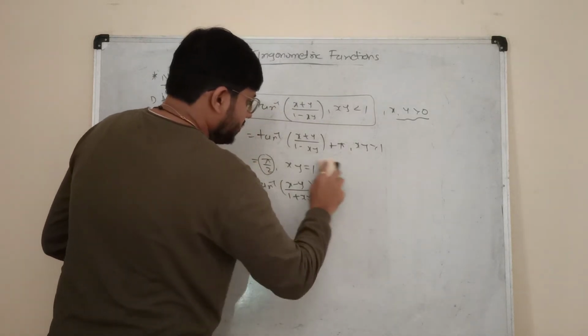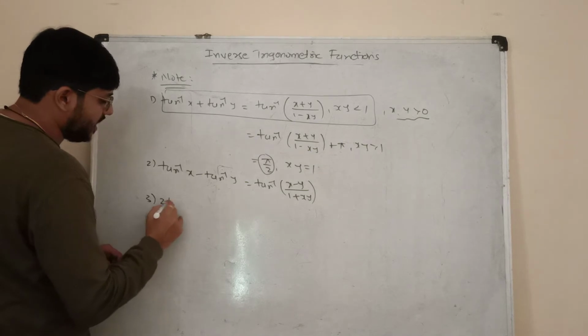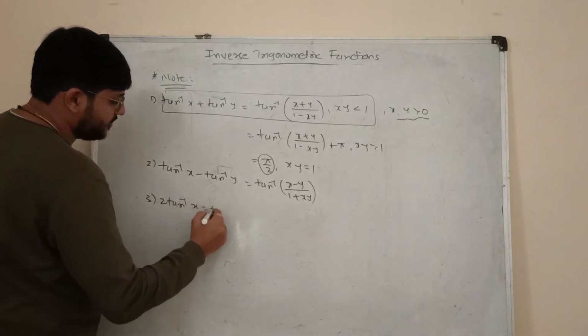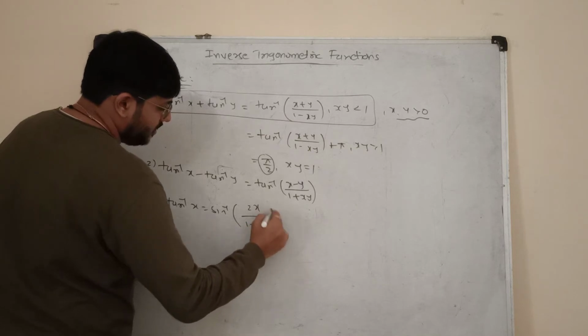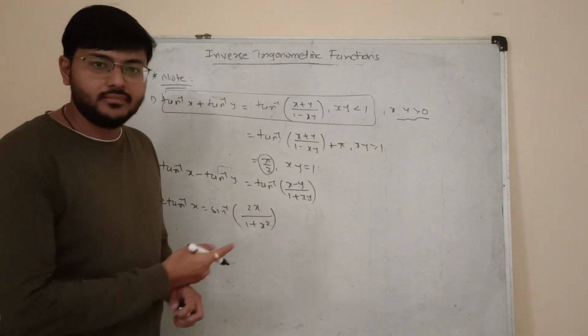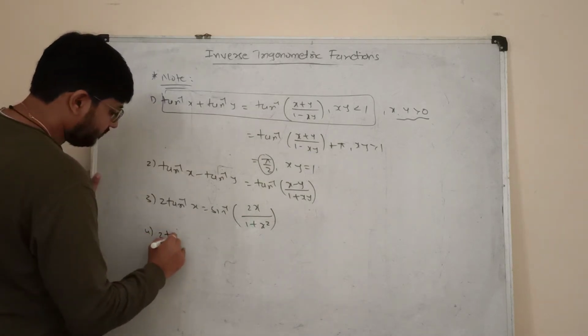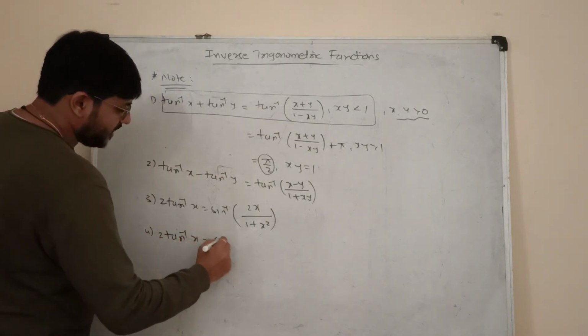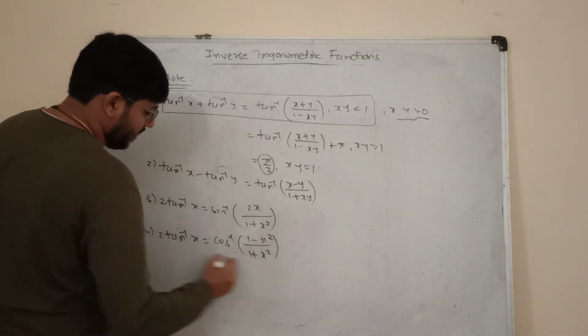There are some rules which you can directly apply in the equation. The first rule is 2 tan inverse x equals sine inverse of 2x by 1 plus x square. Second, 2 tan inverse x equals cos inverse of 1 minus x square upon 1 plus x square.